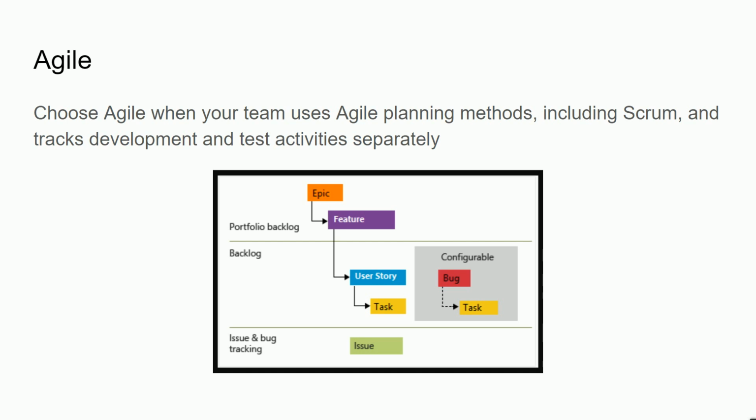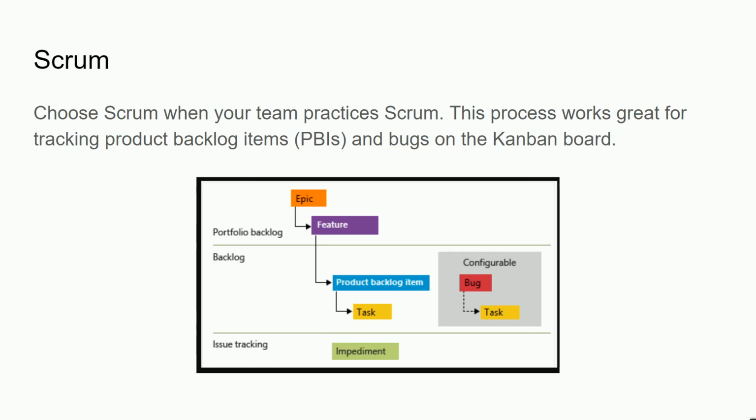Choose Agile when your team uses an agile planning method, including Scrum, tracking development and test activity separately. Scrum: choose Scrum when your team practices Scrum. This process works great for tracking product backlog items and bugs on the Kanban boards. And last one is CMMI.